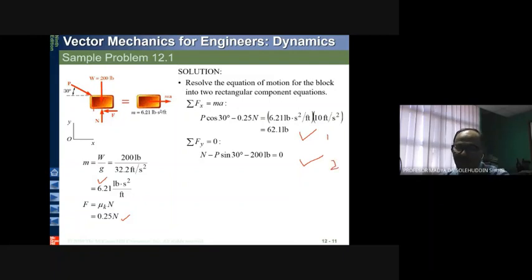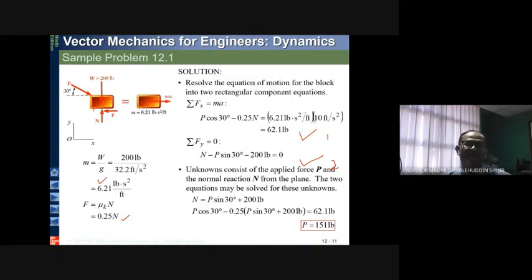We have two unknowns here, P and N. So by solving these two equations, you get the value of P equal to 151 pounds.